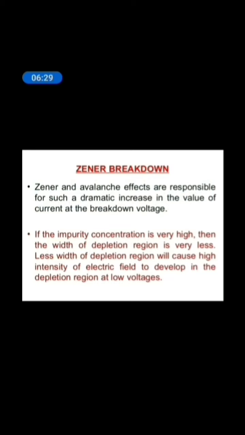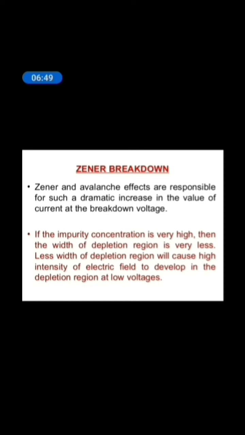Zener breakdown. Zener and avalanche effect are responsible for such a dramatic increase in the value of current at the breakdown voltage. If the impurity concentration is very high, then the width of the depletion region is very less.